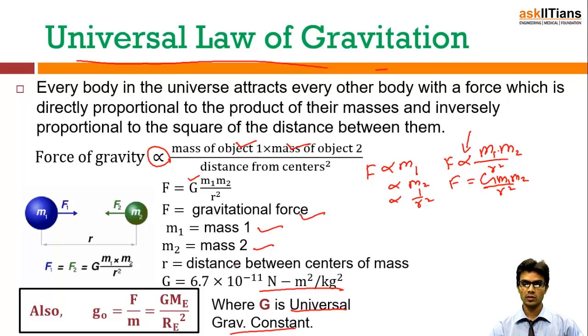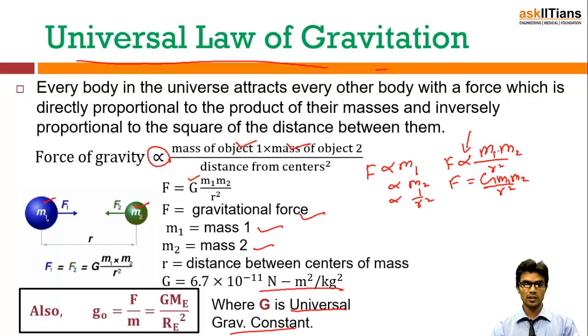Here F is equal to G m1 m2 by r square. Now here there are two bodies, m1 and m2. As I explained earlier in part 1, the gravitational force is attractive in nature and r is the distance between them.